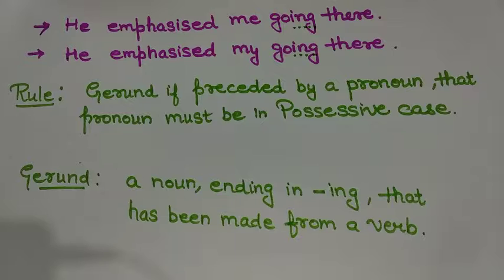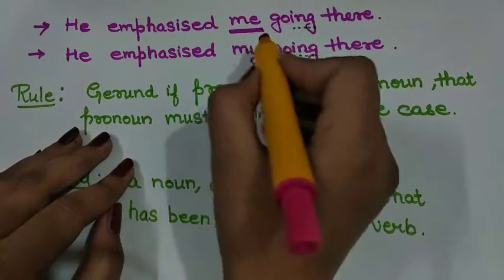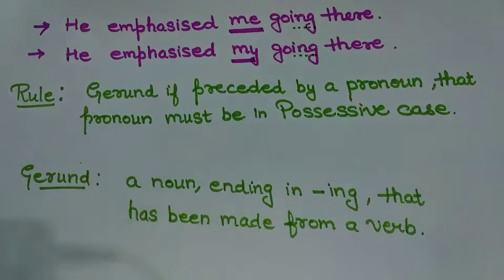And here goes the last rule for today. The example says, he emphasized me going there, and the next one is, he emphasized my going there. Now the difference lies here. Here I have used me and here I have used my. Now I will tell you one thing, gerund.